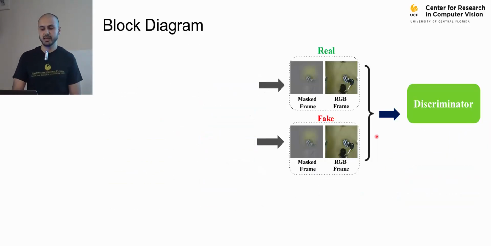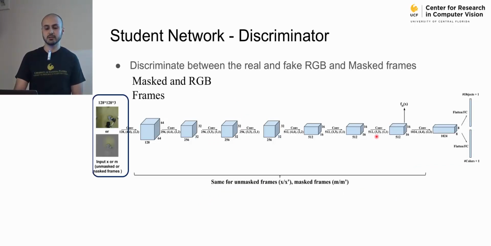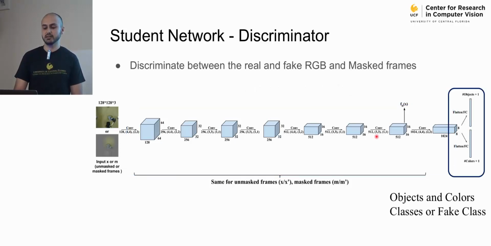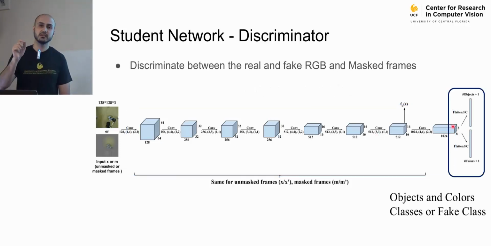And finally, we have a discriminator. The discriminator takes the masked and RGB frames. It has 7 layers of convolution, and finally it tries to classify the object in the frame and the color in the frame, or says it's a fake class.